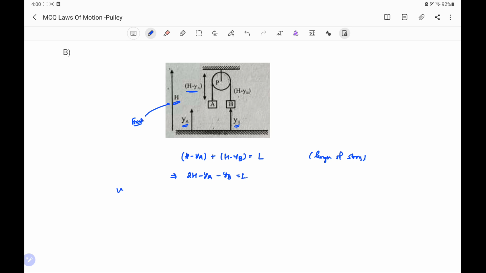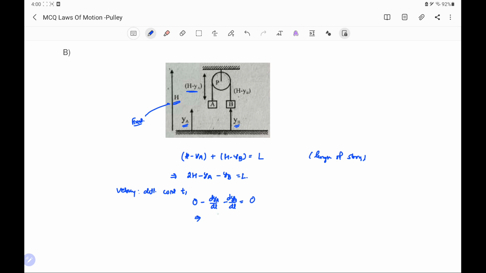To get the velocity, we have to differentiate with respect to time. On differentiating, because H is constant, the first term will be 0, minus differentiating YA with respect to t, minus YB with respect to t, equal to, again L is a constant because the length of the string is constant, so it is also 0.